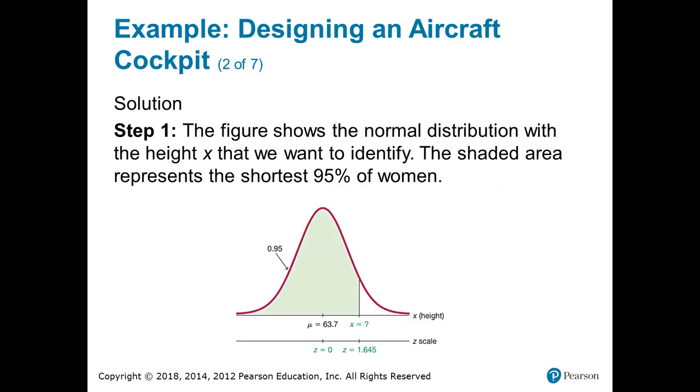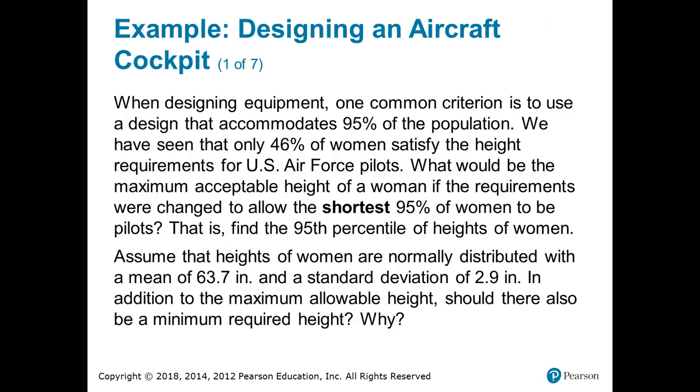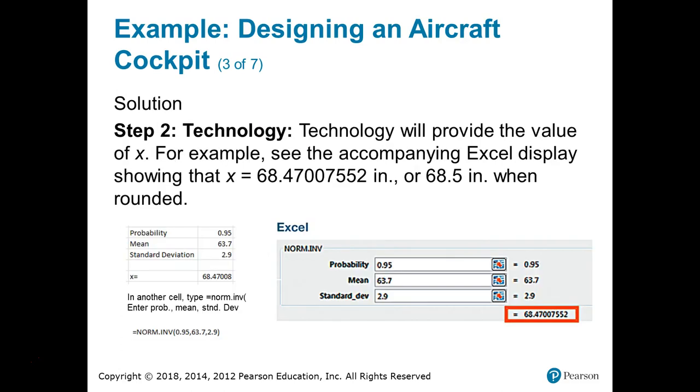We can use our formula to figure out what this z-score is and then reverse engineer it using the formulas we have given. We could also use technology to provide the value of x. You can do this in Excel also. If you know your probability, your mean, and your standard deviation, in a cell you'll type in NORM.INV. It'll come up automatically.